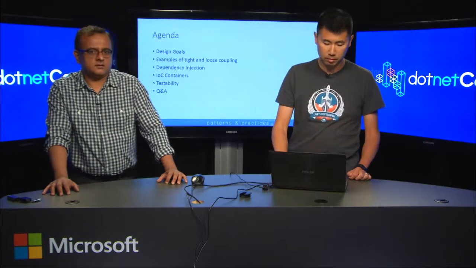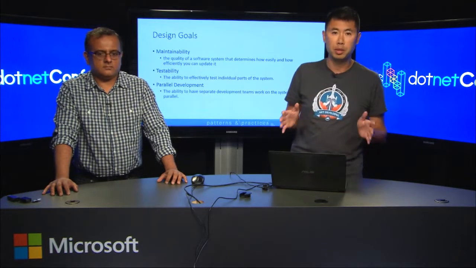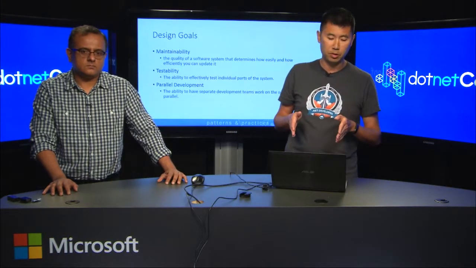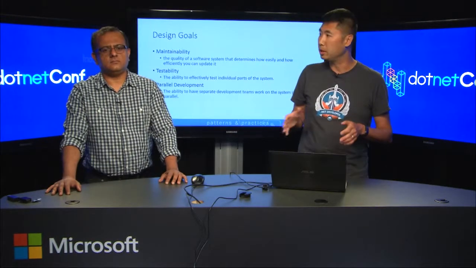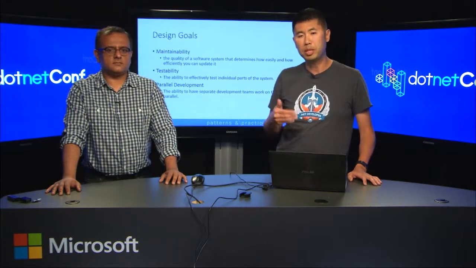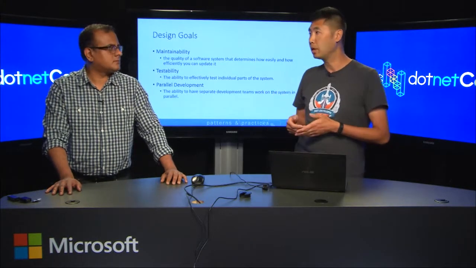Very good. All right, so there are many design goals you may be concentrated on, but we'll concentrate on maintainability, testability, and parallel development in our talk today. Maintainability is all about being able to update your code based upon changing requirements, bugs, or so forth.